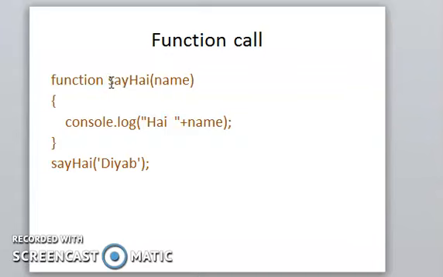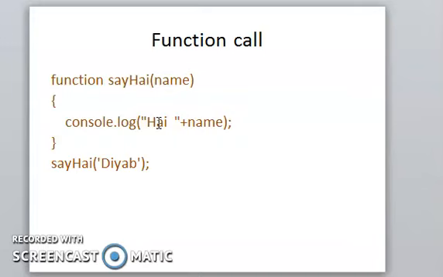What is my function name? The function name is sayHi. So by calling sayHi and passing the name value Dia, that will be displayed. This is saved as app.js, and when I call that app.js, it automatically executes, passes Dia to your function, and that function gives you the output, hi Dia.